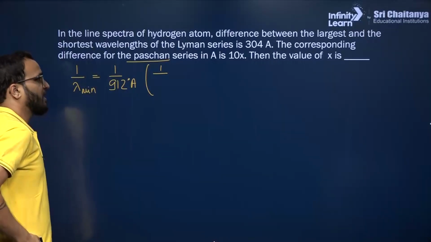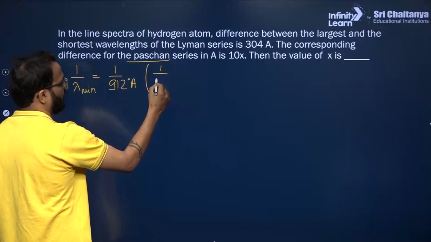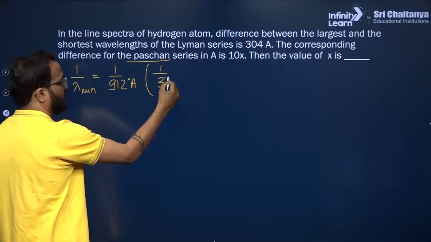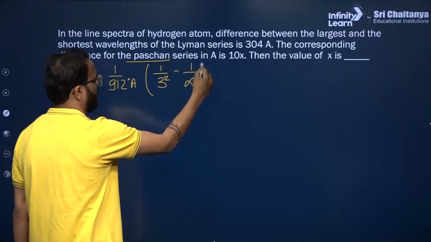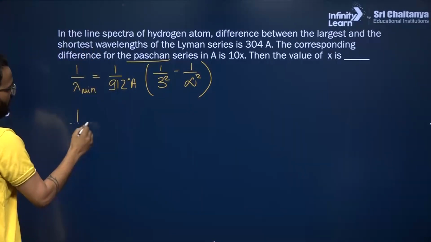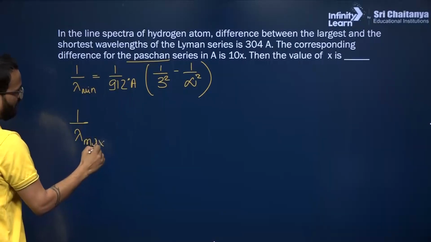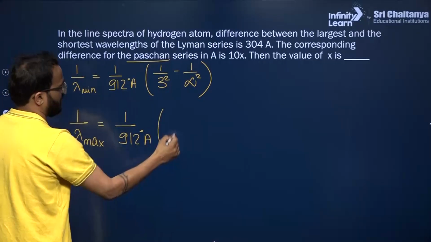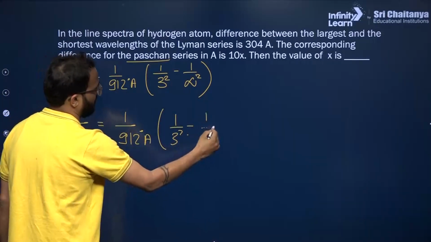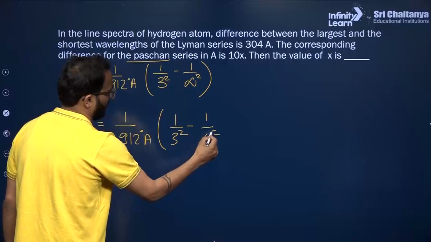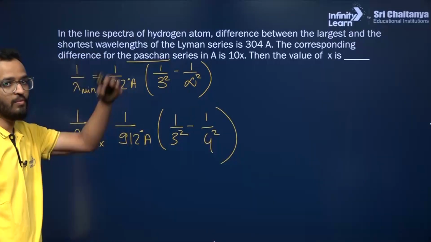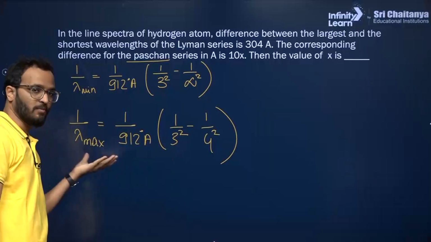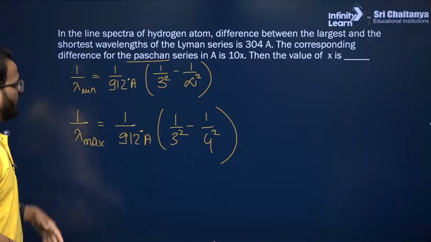So initially it is 1 by 3 square minus 1 by infinite square, right? And for lambda max, we want minimum energy transition. So for minimum energy transition, we will say it is 1 by 3 square minus 1 by 4 square. That means the transition takes place from third to fourth orbit, okay? That is the minimum energy transition, that's why it corresponds to the maximum wavelength. Now you just take the difference.